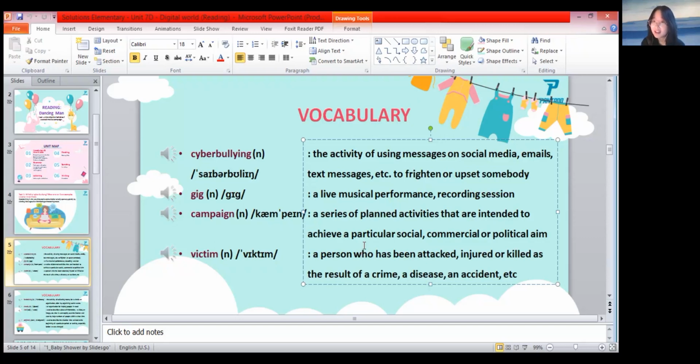For example, if you are a victim of cyberbullying, it means other people make bad comments about you. So now you are called a victim.